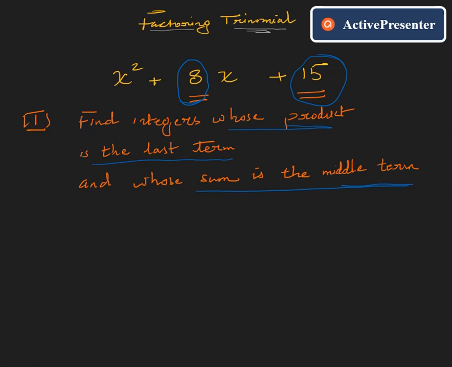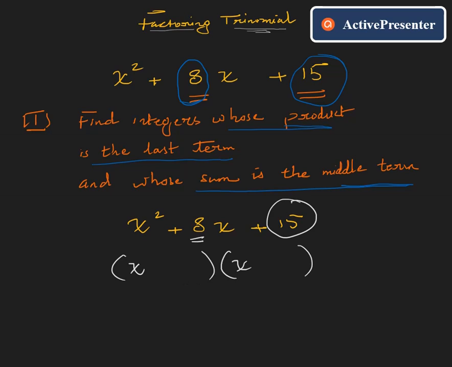So how are we going to factor x squared plus 8x plus 15? You open parentheses, and since we have x squared here, this means we have x and x. Now we find integers whose product is 15 and whose sum is 8. What are those integers?